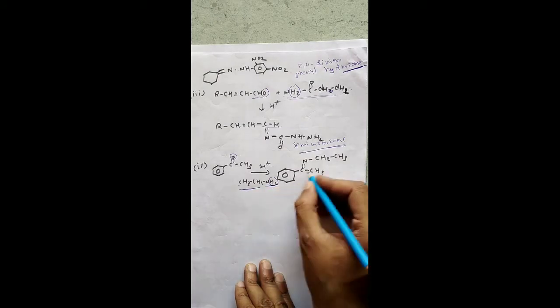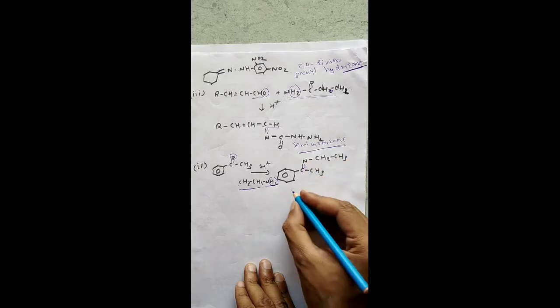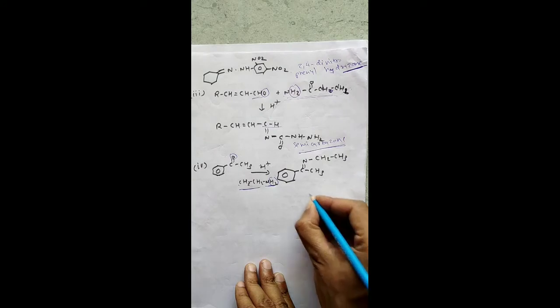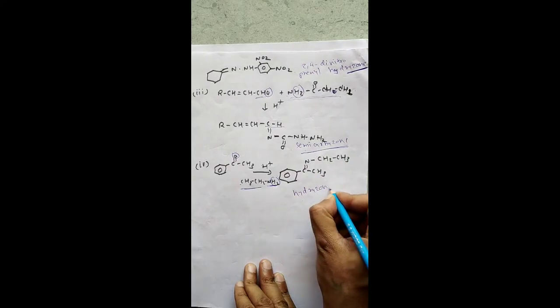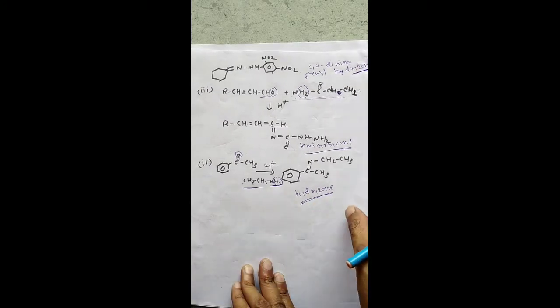The remaining part you have to join here. So on the benzene ring we now have C double bond N, CH2, CH3 and CH3. Now this one is called hydrazone. Okay, it is the common name, hydrazone.